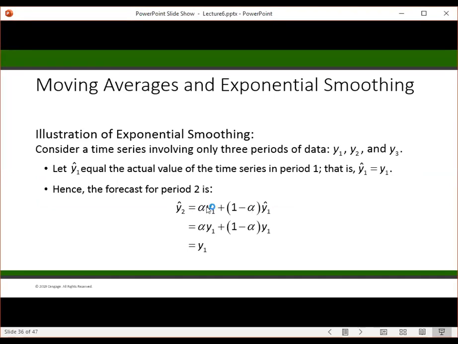So we take the actual value for Y1 and the estimated value for Y1. We apply the smoothing constant to the actual value and the damping factor to the estimated value. And then we come up with our forecast for the next period.